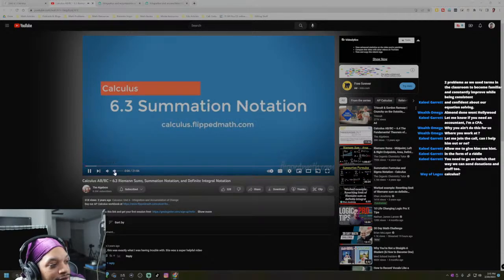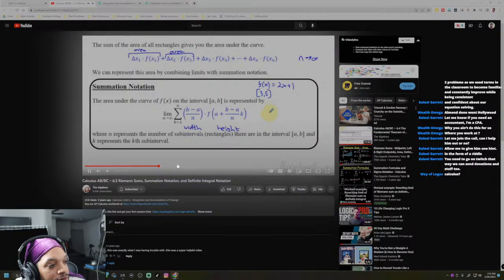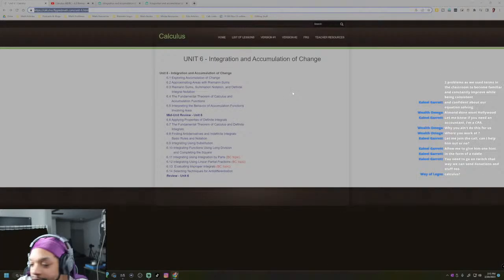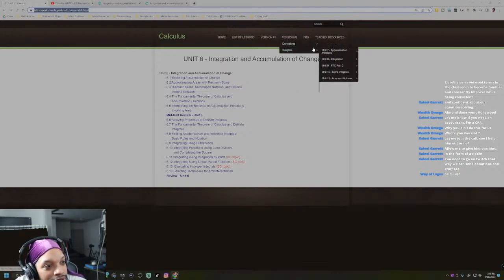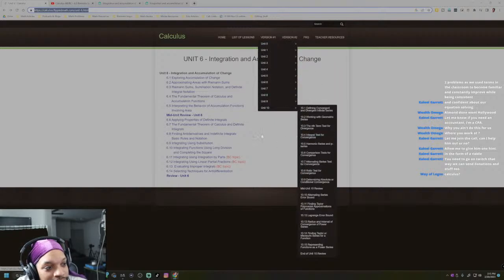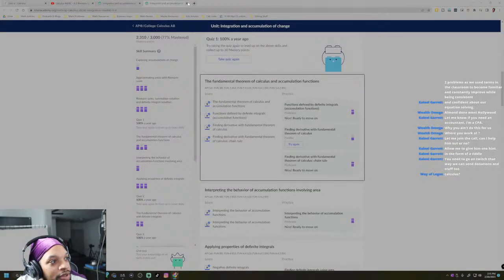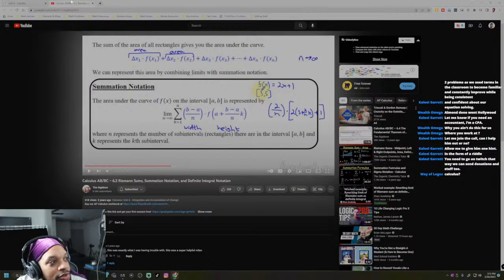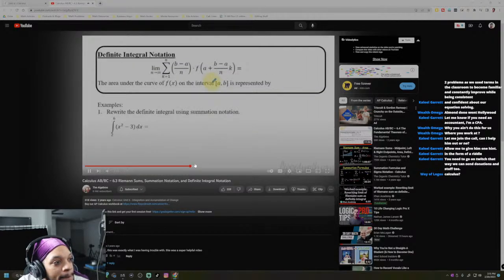Wait, what's the difference between version 1 and version 2? They're laid out differently. Oh, version 2 is like split up by semester or something. I don't know. It's like the same thing. They got everything out here. That's what I'm saying. I'm gonna bookmark this.